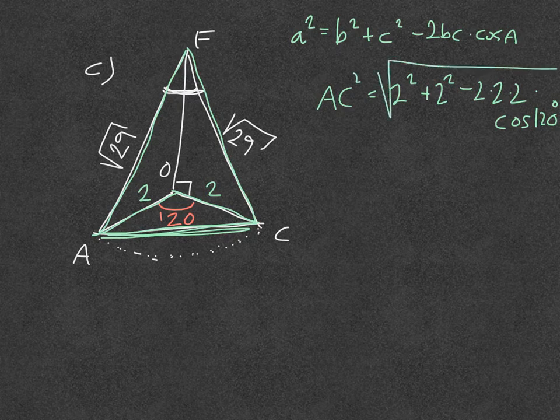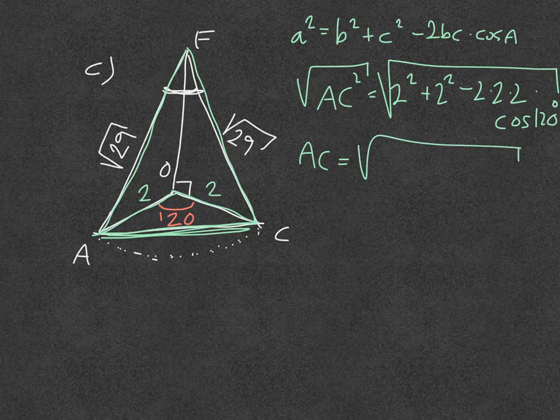Then you can take the square root of everything here. So that gives you AC equals square root of 4 plus 4 minus 8 multiplied with cosine 120, which is negative 0.5.